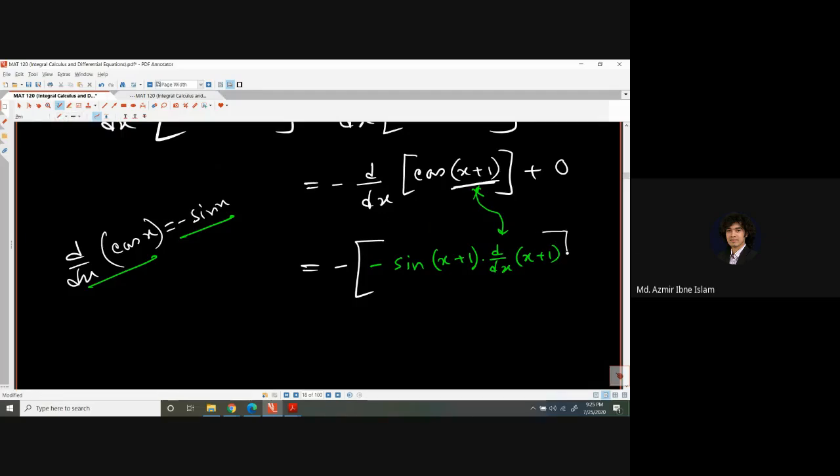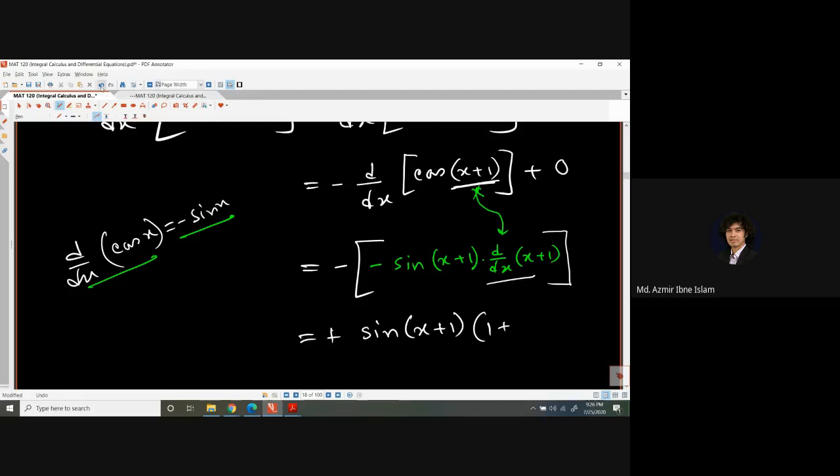So if you need to find the antiderivative, at that time the concepts of differential calculus are also helpful. Okay, so negative, negative: here you can see negative, here you can see negative, so negative times negative, you will get positive. Now positive sine(x plus 1). Now differentiation of x is 1 and differentiation of 1 is 0.